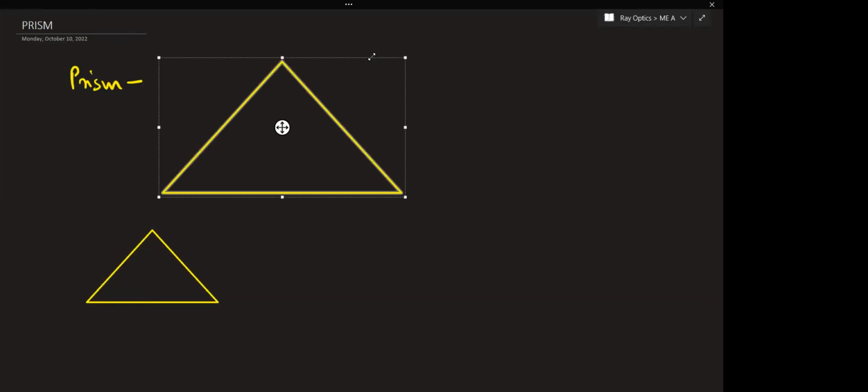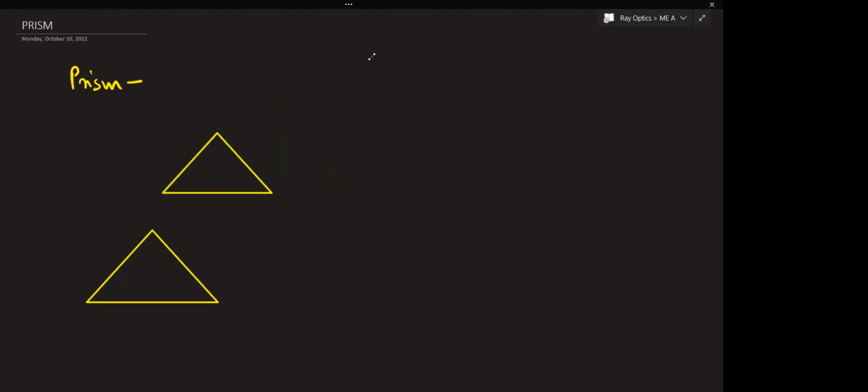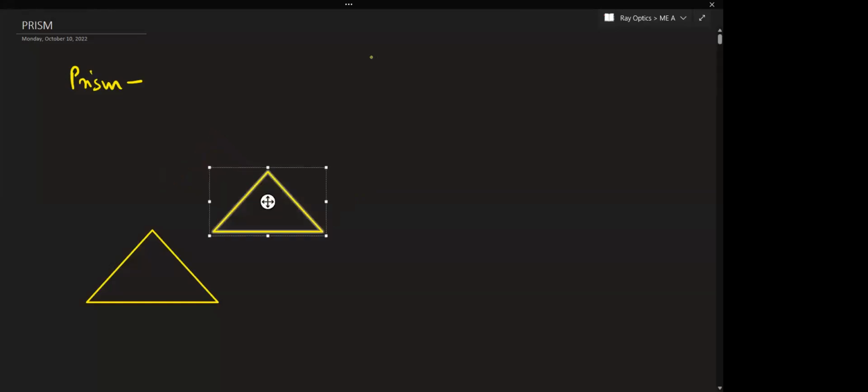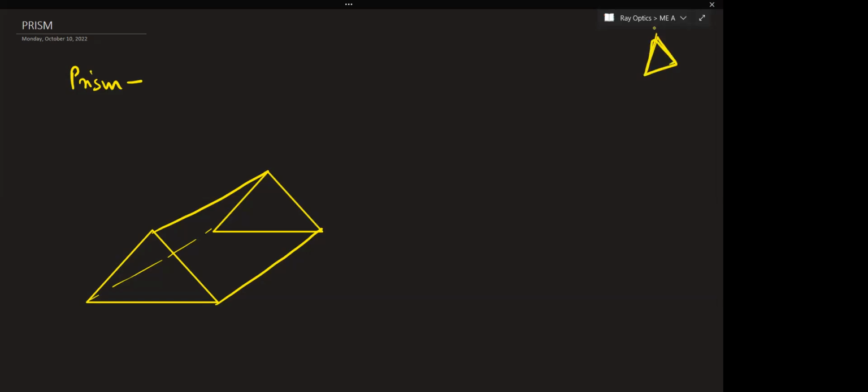In actuality, the triangle parts that you see are basically the anterior and the posterior parts. Prism is actually like this. These portions are rectangular. So it's like three rectangular parts joined together by the triangle part. So it is not a complete triangle that we observe for a prism. This is what an actual prism is. Not of so much length. Length is determined. So prism is a wedge-shaped portion.